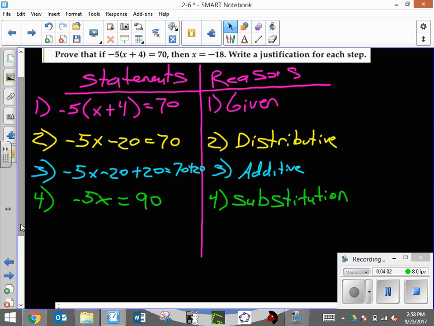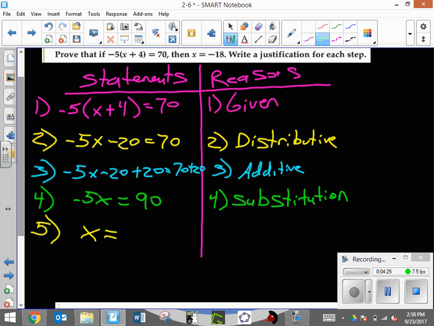Okay, then I'm going to show you how I would do it personally on this next one. Okay, it'll take away a step here and there. So for step 5, then I would divide by -5 on both sides. So I'm going to jump the gun, and I'm fine if you do this as well when you do it.